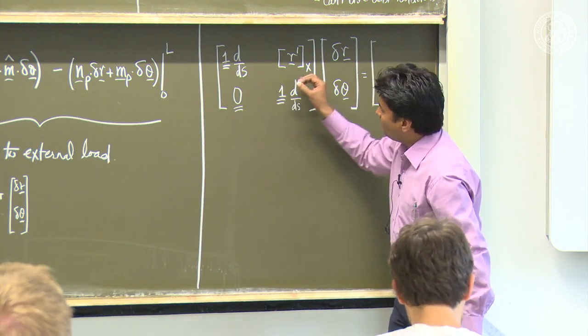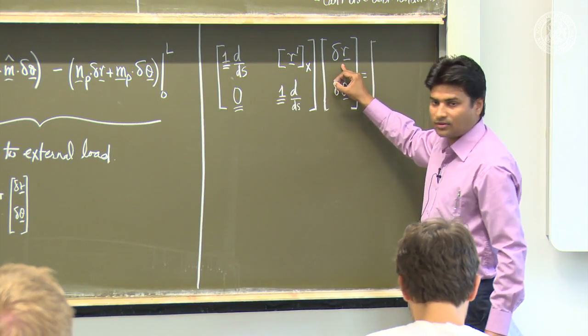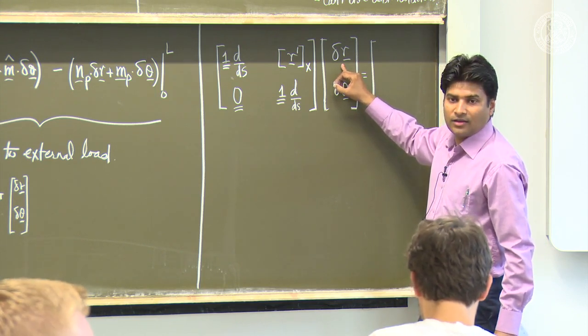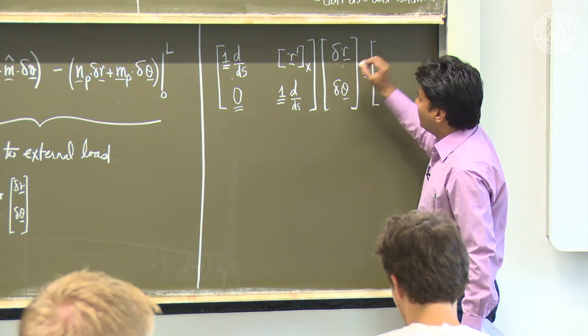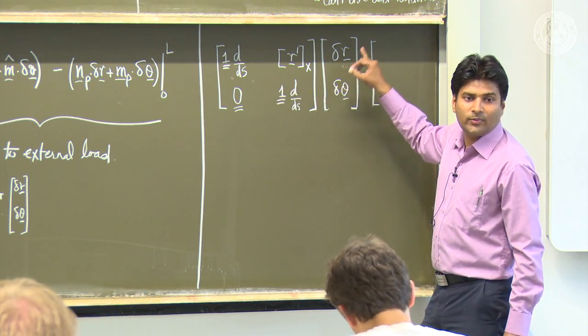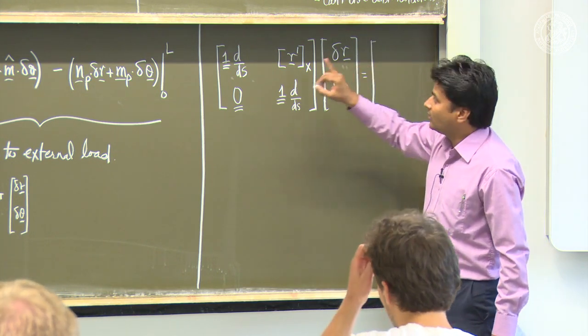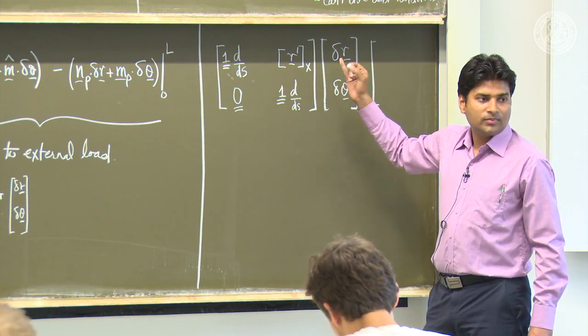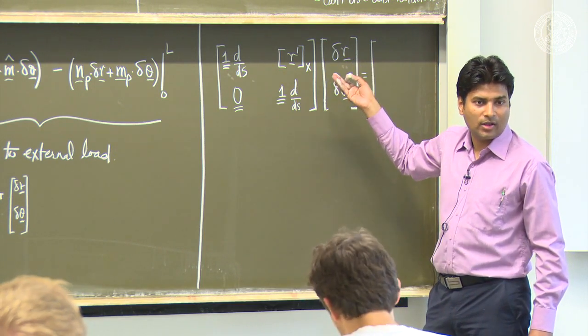So, when we multiply this times this, that gives us d/ds of del r, that is del r prime, and identity times del r prime, that is equal to del r prime.